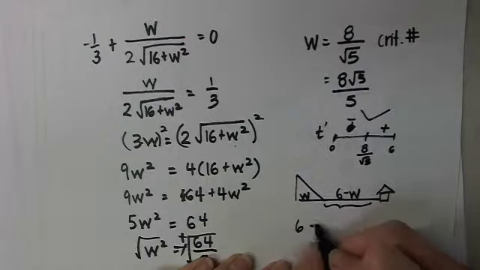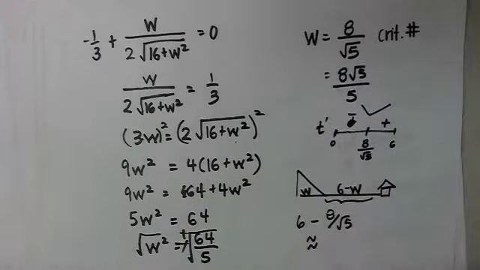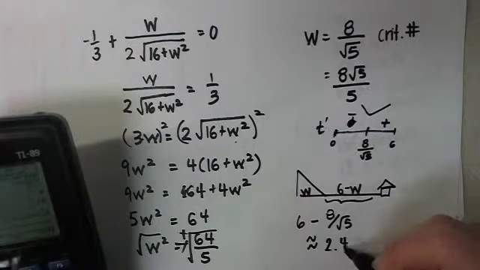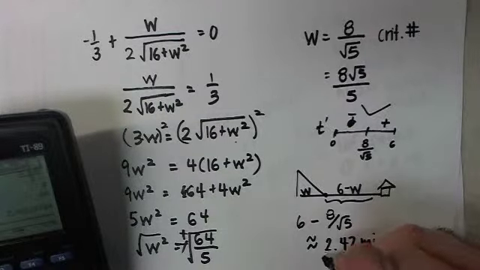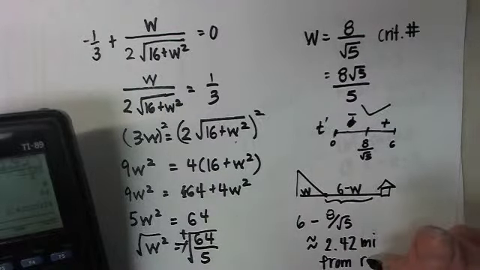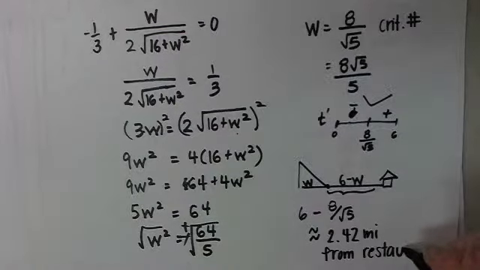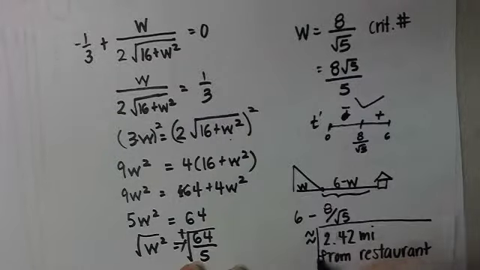So 6 minus 8 over the square root of 5 gives us approximately 6 minus 8 divided by the square root of 5. It's about 2.42. So she should land about 2.42 miles from the restaurant. That will minimize her travel time.